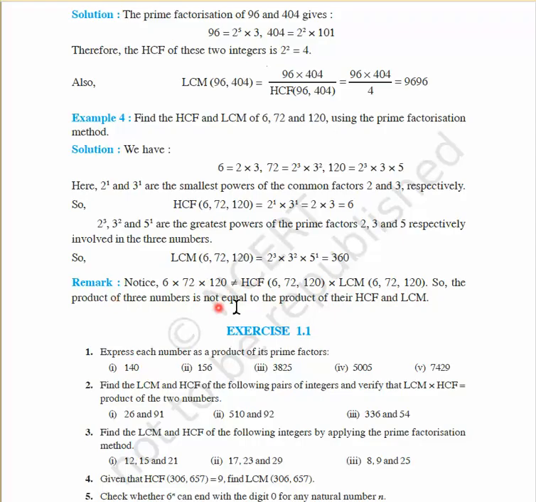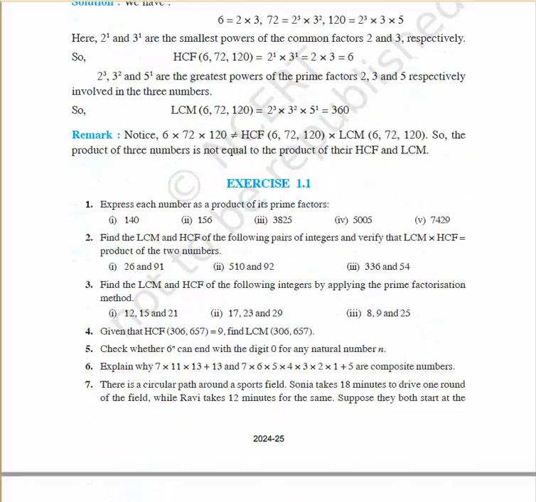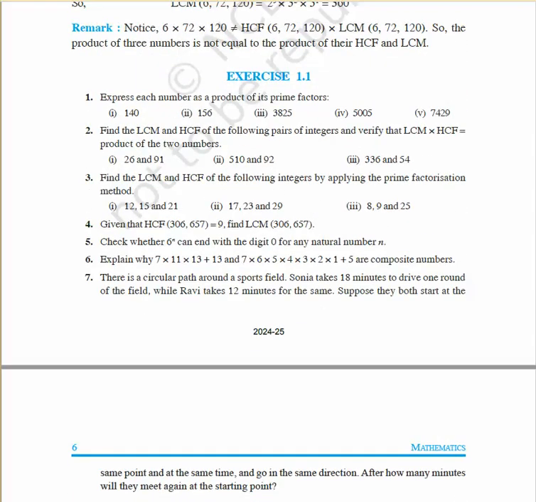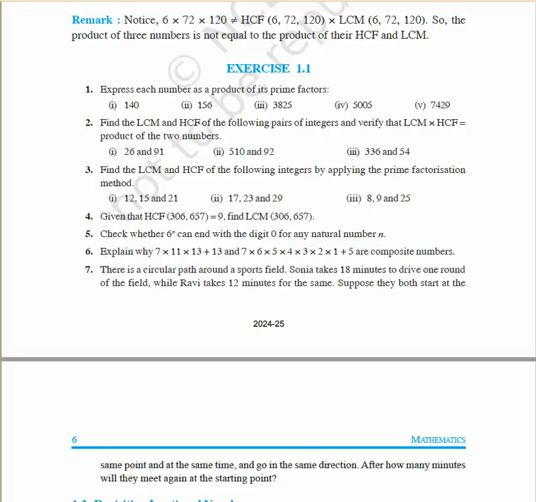So the product of three numbers is not equal to the product of the HCF and LCM. Now they have given some questions to try, which you can try on your own, and if you have any doubts solving this, you can mention in the comment box and I can provide you the solution for that.